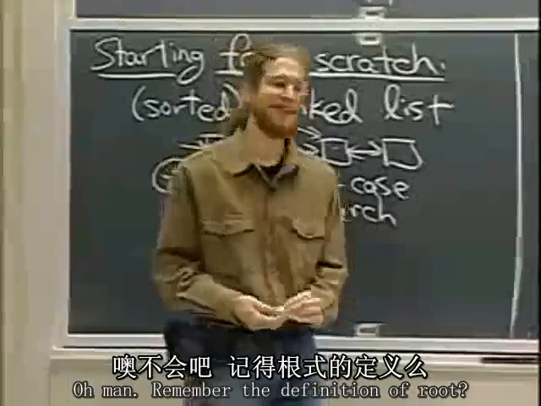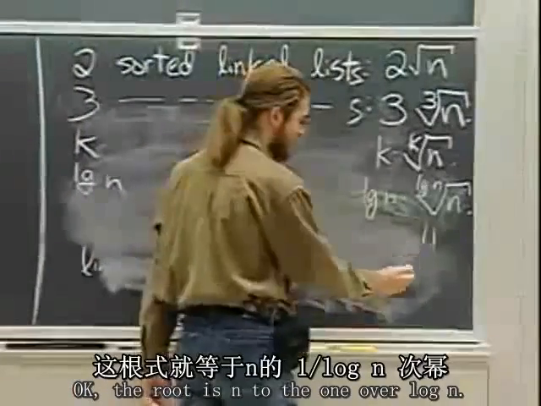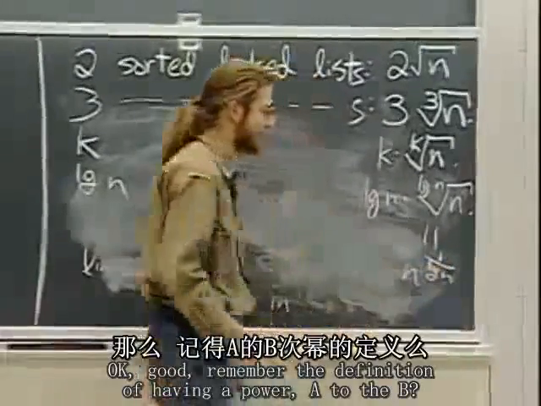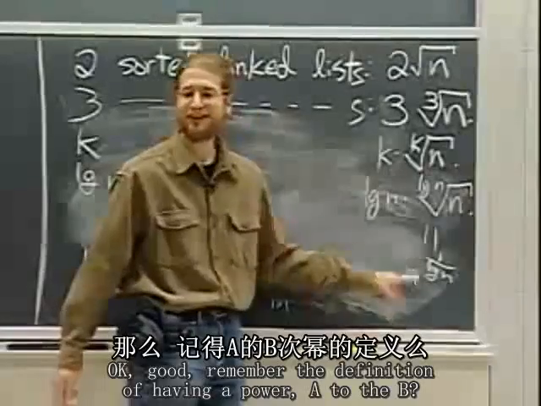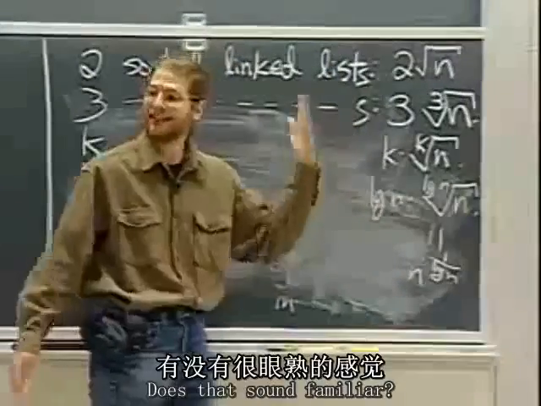Oh, man. Remember the definition of a root? The root is n to the 1 over log n. Okay, good. Remember the definition of having a power? A to the b is like 2 to the power b log a. Sound familiar?